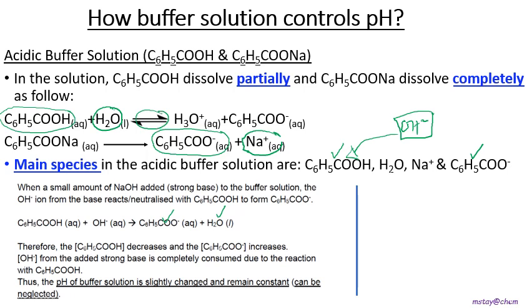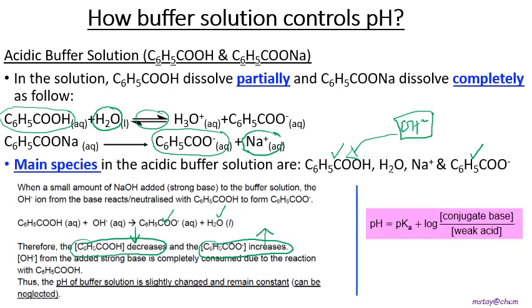Therefore, again, we will notice that the concentration of acid is decreasing, which is the opposite of the previous condition, while the concentration of benzoate is getting higher. Again, when we relate to the Henderson-Hasselbalch equation, the concentration of weak acid is getting less while the concentration of conjugate is getting more.